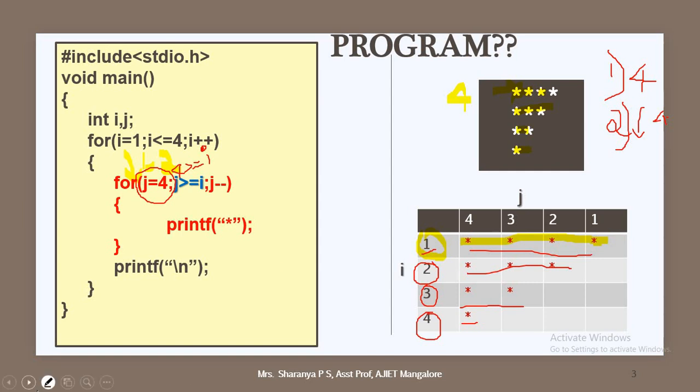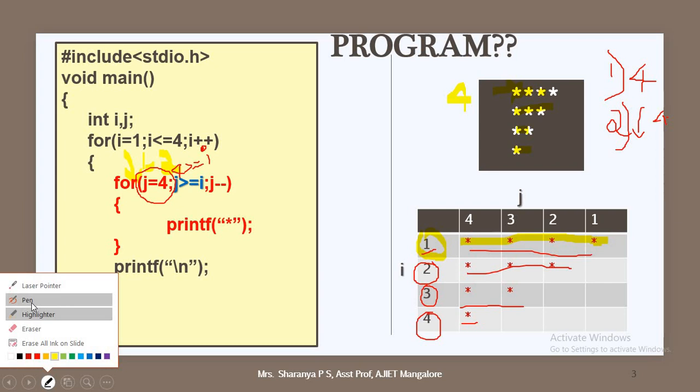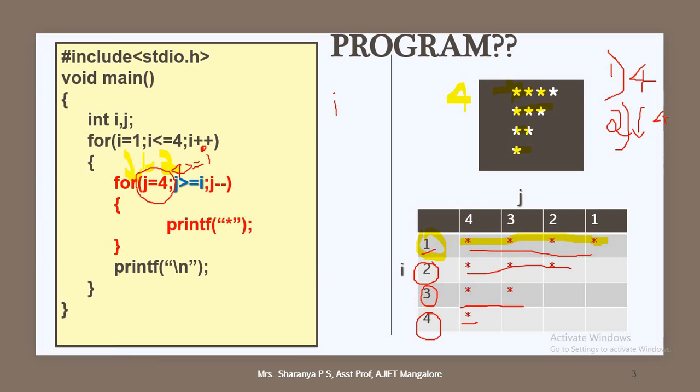So as a conclusion, there are 2 aspects we have observed. First, we have to run the outer loop for 4 times, because there are a total of 4 rows, beginning with 1 and extending till 4, and it keeps incrementing each time.